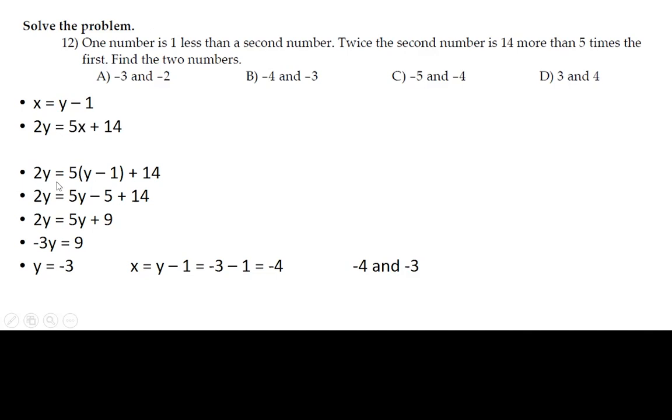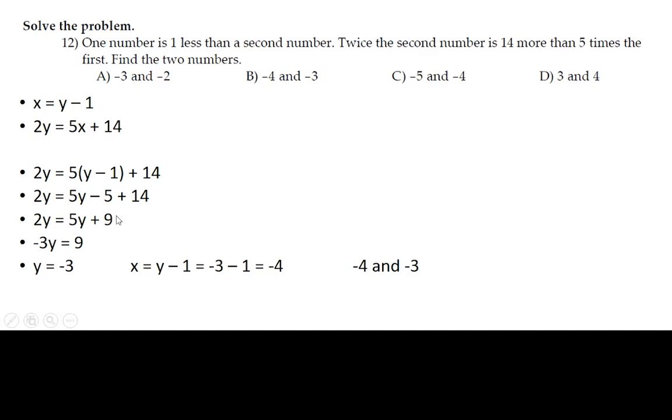That gives us 2y equals 5 times y minus 1 plus 14. The y minus 1 is in parentheses because the entire 5 is multiplied by the entire x. So distributing the 5, we get 5y minus 5. Bring down our plus 14.